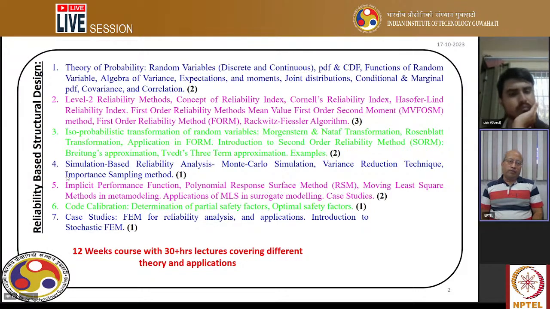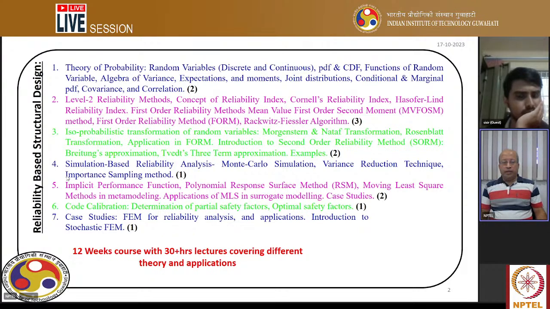So we defined random variables. Again, in this case, we only need random variables at the end. When we introduced you to stochastic FEM, you have seen that random field is also used. Nevertheless, in this entire course, we use the concept of random variables, and then we define the algebra of variables, and then also the joint and conditional probabilities, right?